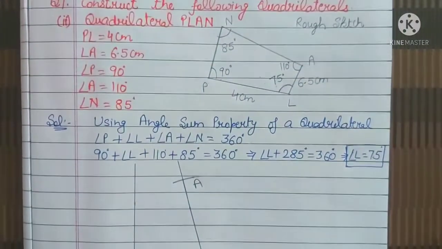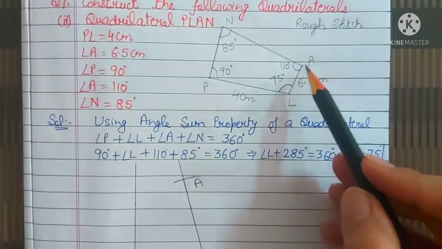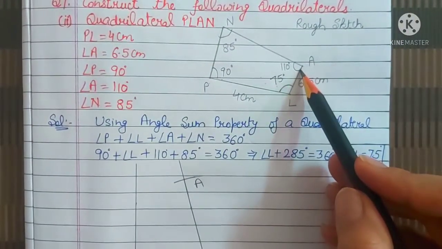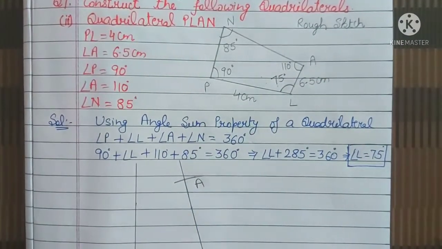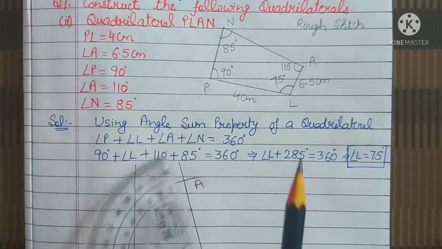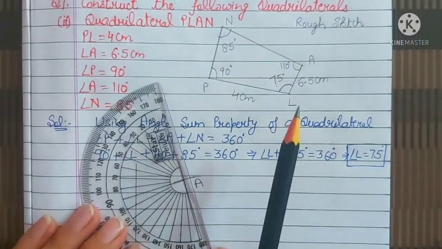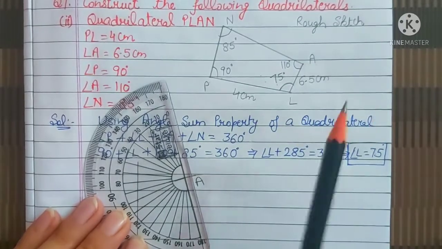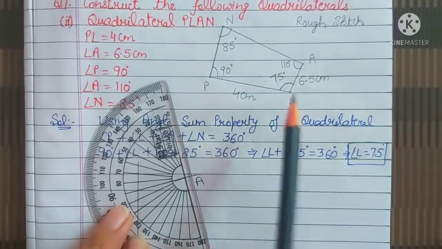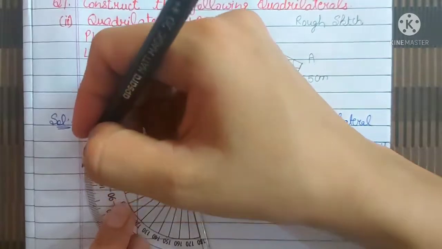Right? Now at point A the angle is 110 degrees. It means at point A we will construct an angle of 110 degrees. Keep it on point A, 110 will be an obtuse angle.